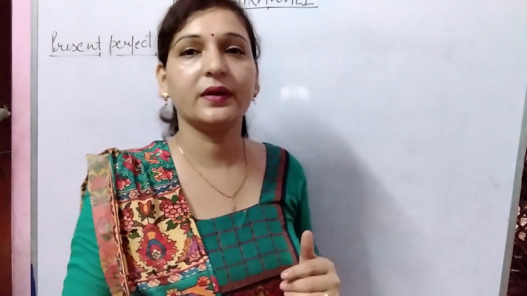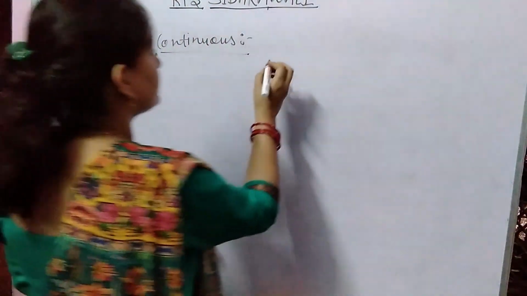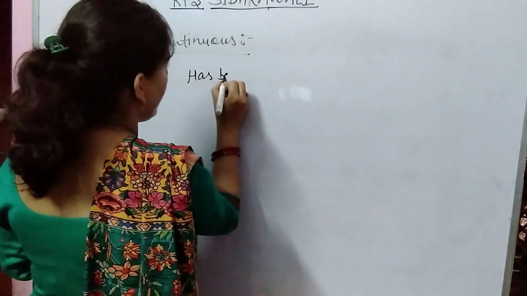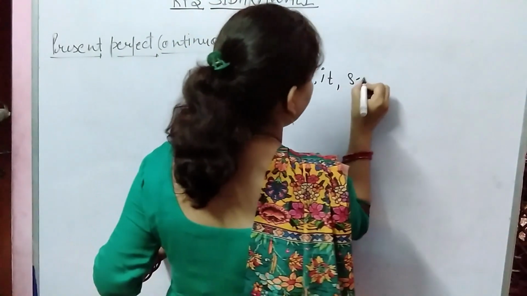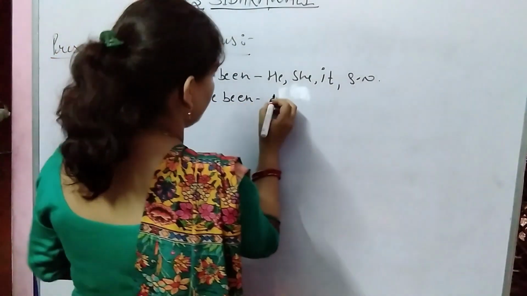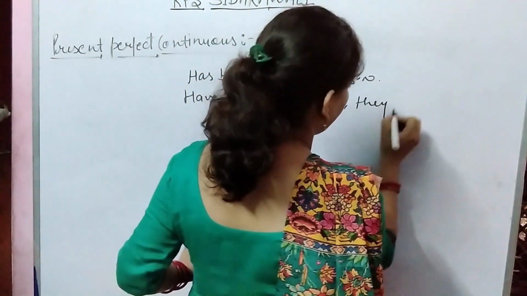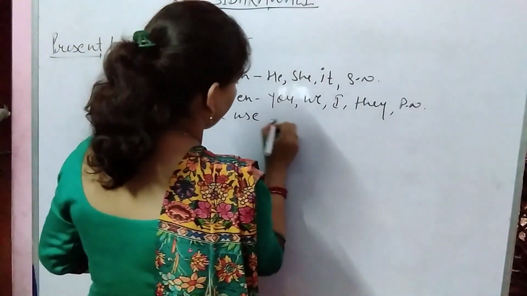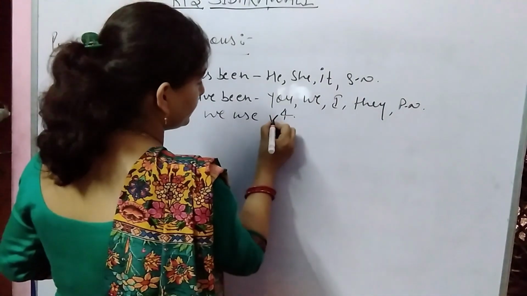And the last is present perfect continuous. We use has been and have been and V-ing, the fourth form of the verb. Has been with he, she, it and singular noun, and have been with you, we, I, they and plural noun.